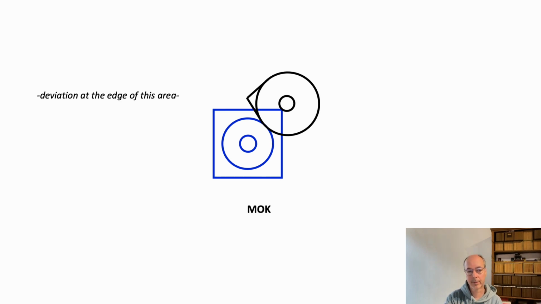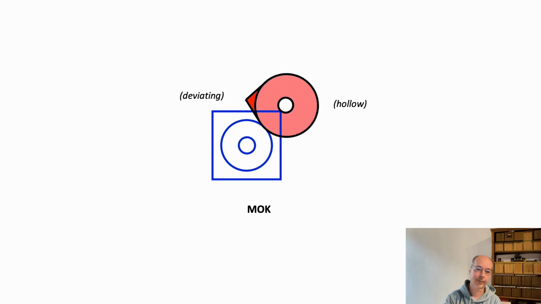And also, the O is also about trying to connect ways to overcome the differences in this area of the surrounding area. So there's a deviation here at the edge, because again there's a K at the end, so there will be a deviation at the edge of this environmental space.